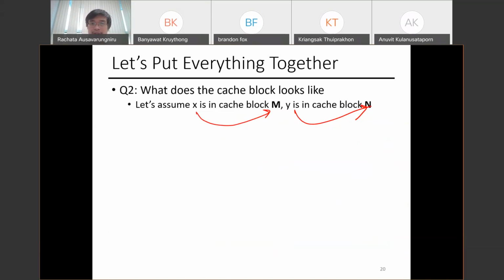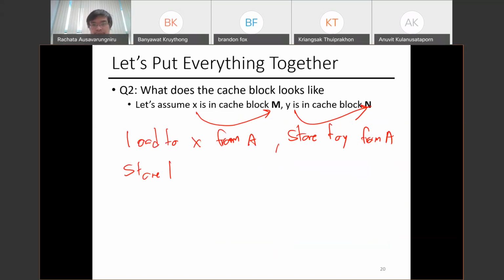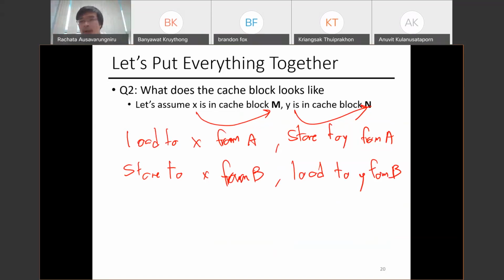My question when I asked what a cache block looks like really means: what is the consistency state if I have first a load to X from A, then a store to Y from A, then a store to X from B, and then a load to Y from B.